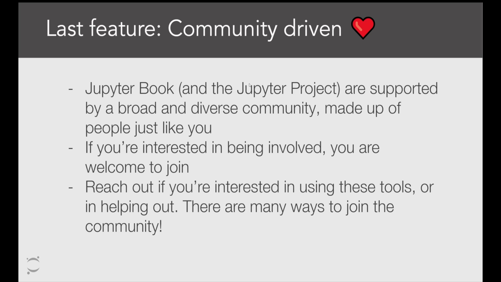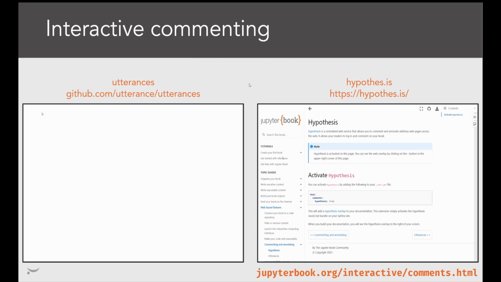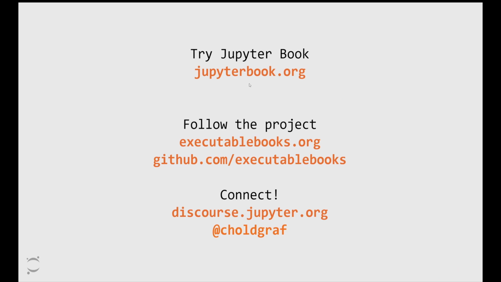Don't hesitate to reach out and ask any questions if you'd like to know either more about Jupyter Book or if you'd like to know more about how you can contribute and join the broader community. So that's my short little tour around the Jupyter Book ecosystem. I really just touched the surface about a lot of different kinds of things that you can do in Jupyter Book.